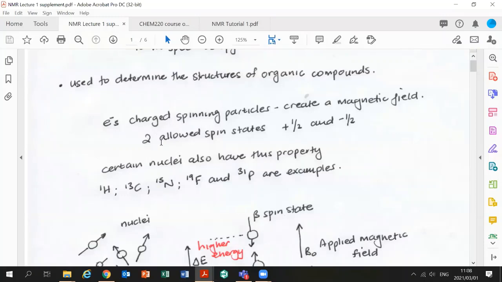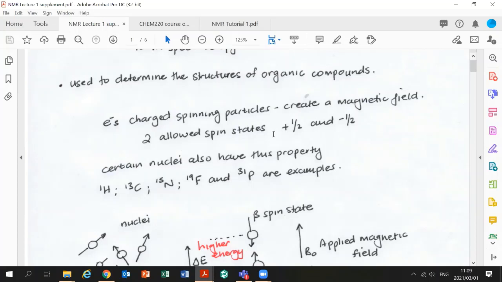The charged particles that spin have two allowed spin states. So electrons that spin have two allowed spin states. We denote them as plus half and minus half, and these are spin quantum states, or quantum spin states. Generally, what a plus half and a minus half mean is that a particle can spin in one direction, maybe from right to left, and then it can also spin in the other direction, maybe from left to right.